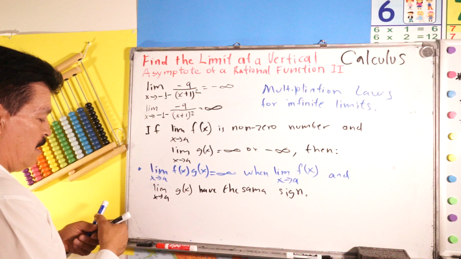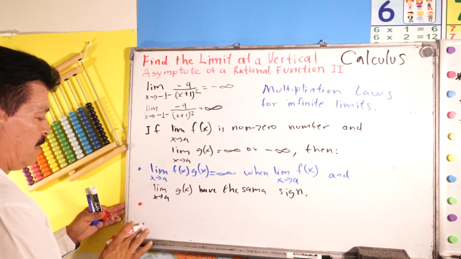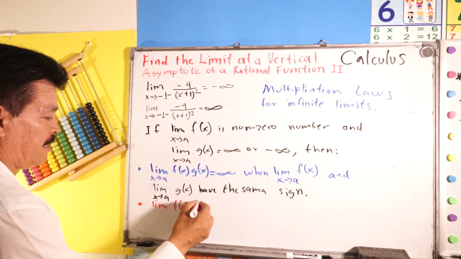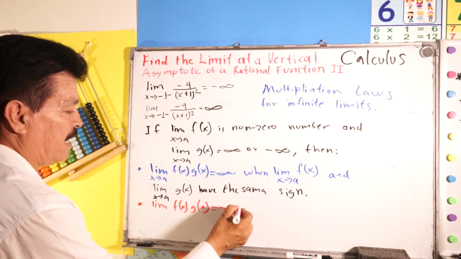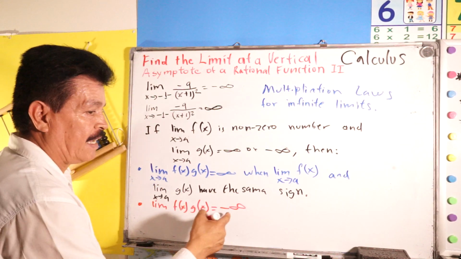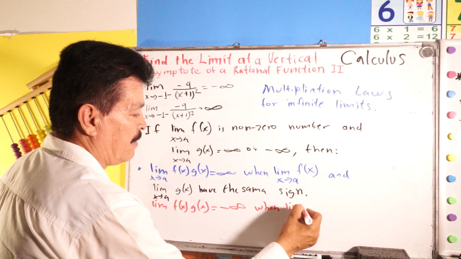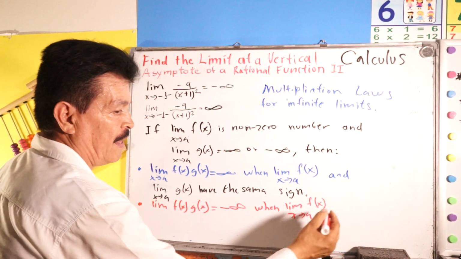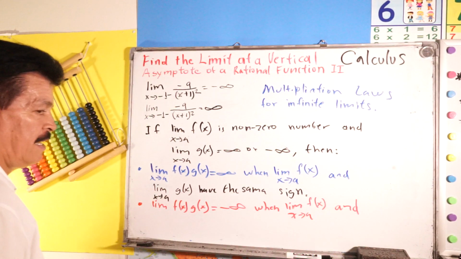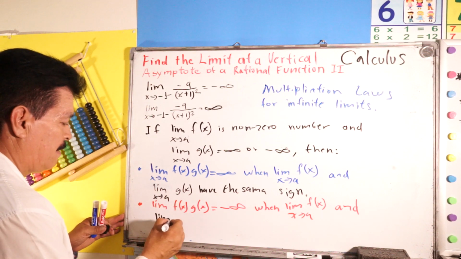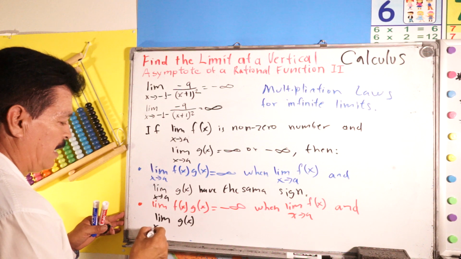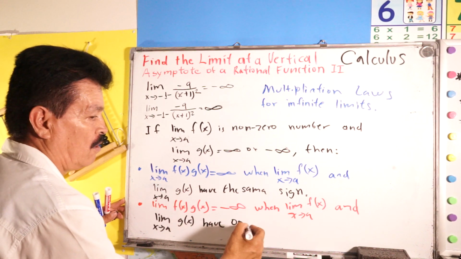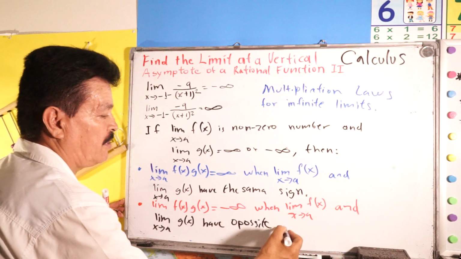So we have another important idea here. The limit of f of x times g of x equals negative infinity when x approaches a, when the limit of f of x and the limit of g of x have opposite signs, one positive and one negative.